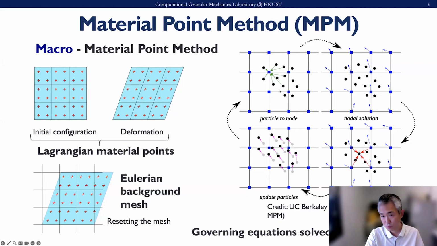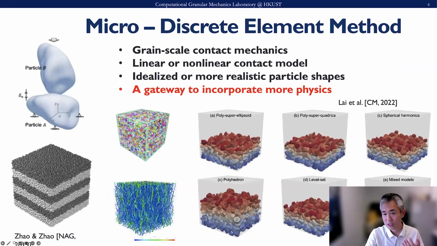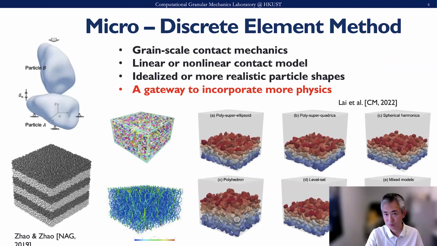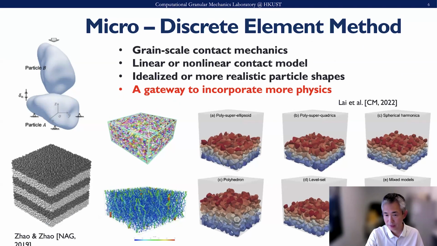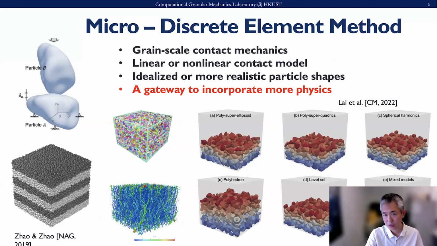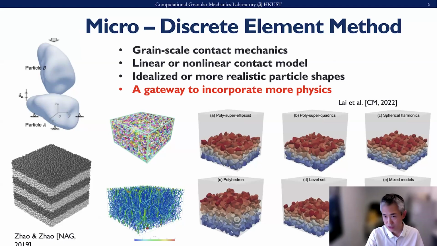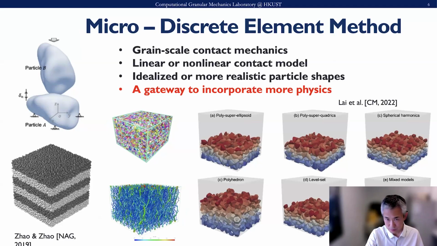But if you use the Lagrangian material points in MPM, they can be persistent when we reset the mesh, and so this can handle large deformation pretty well here. For the DEM, again, we can incorporate discrete element features, using a linear or nonlinear contact model and an idealized or realistic particle shape for that purpose here.